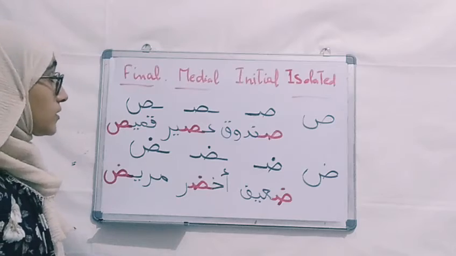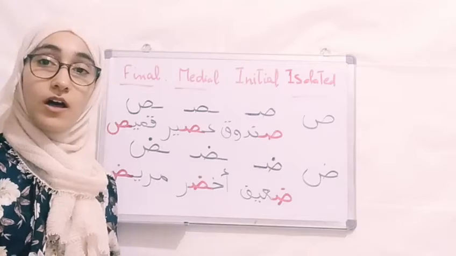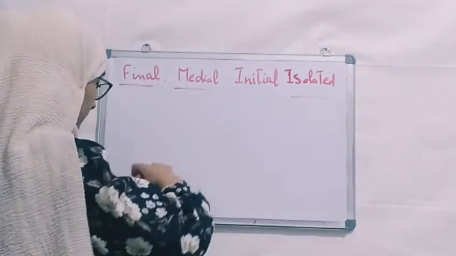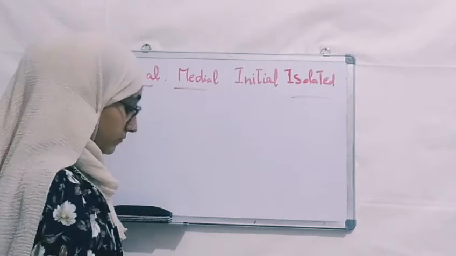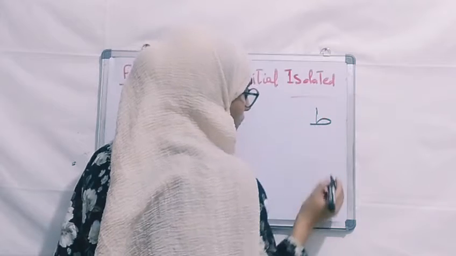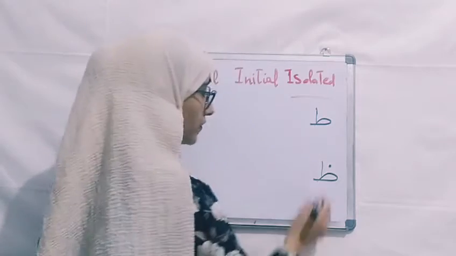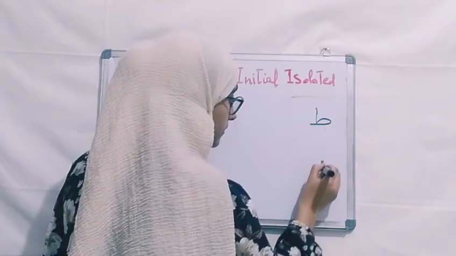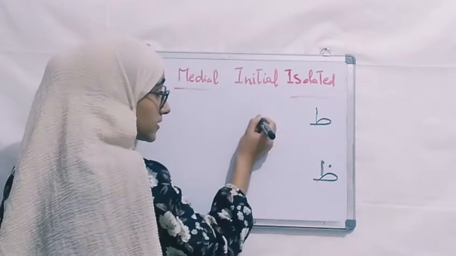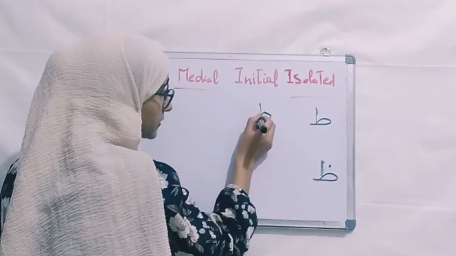So then we have طا and ظا. طا, as we saw in isolated form, if you remember, and ظا, which also has one dot on top of it. In initial form, give the connecting line.